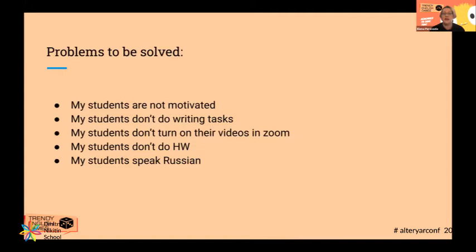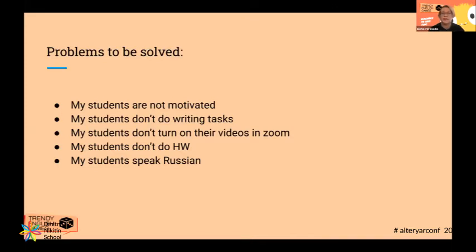Okay, number 3. My students don't turn on their videos. Yeah, this is an actual question. Well, one of the 2, 4, and 5. You can still keep on writing your ideas. Let's talk about number 3. My students don't turn on their videos in Zoom, and that was a real problem. One of the teachers came to me with this problem, and we had a consultation.